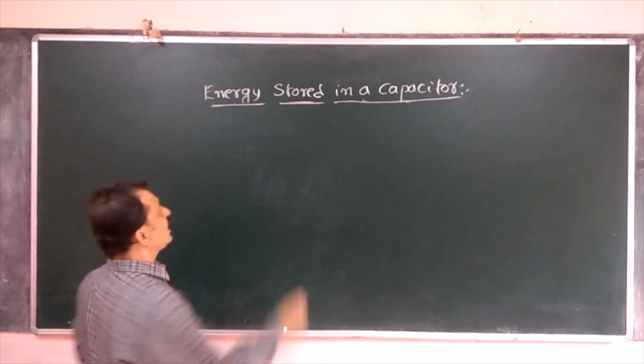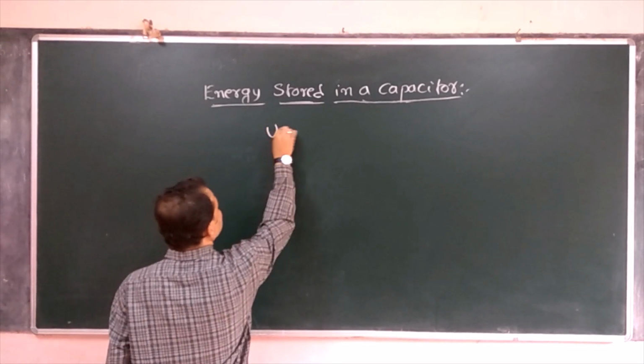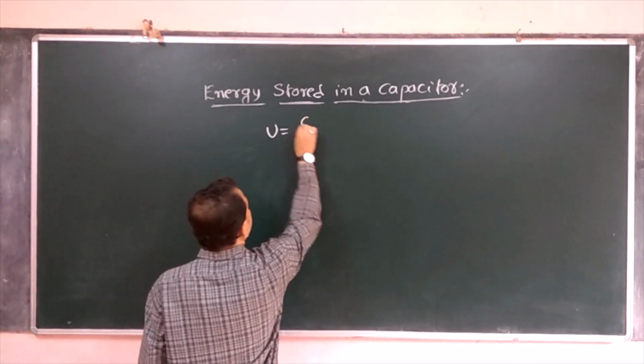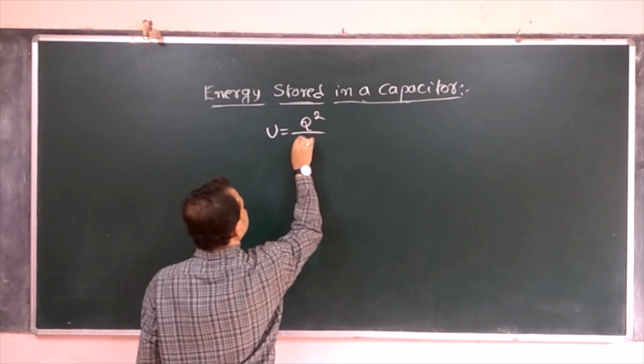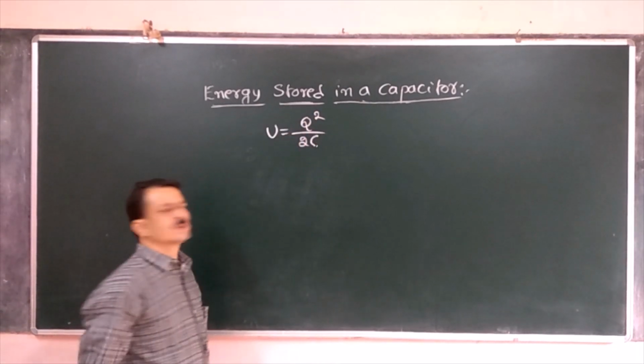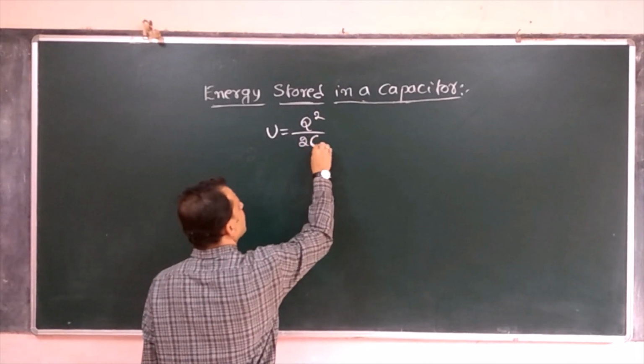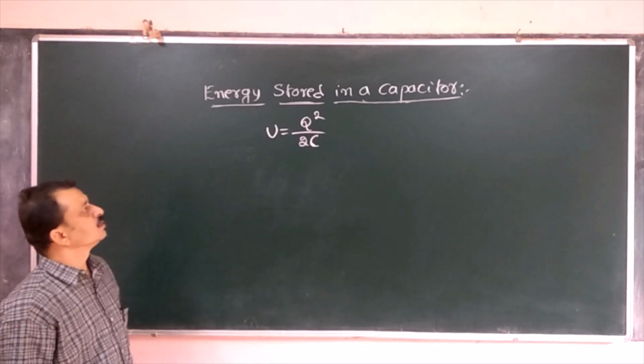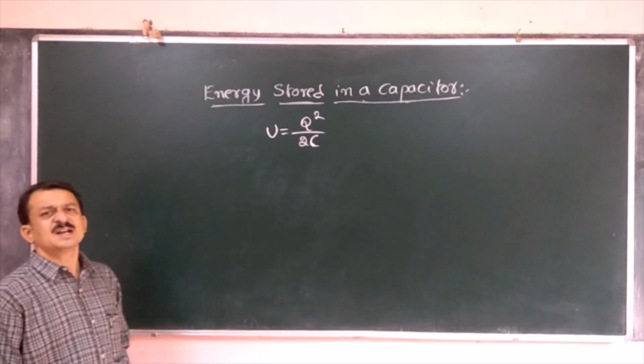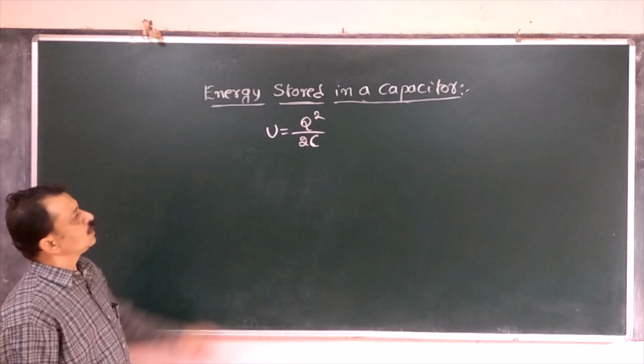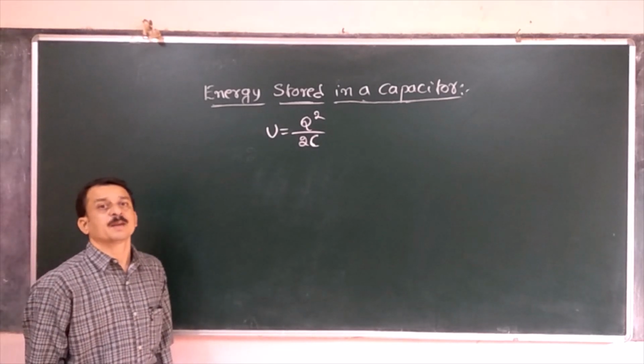We know that energy stored in the case of a parallel plate capacitor is given by Q square divided by 2C. Now what is Q? It is the charge. And what is C? It is the capacitance.